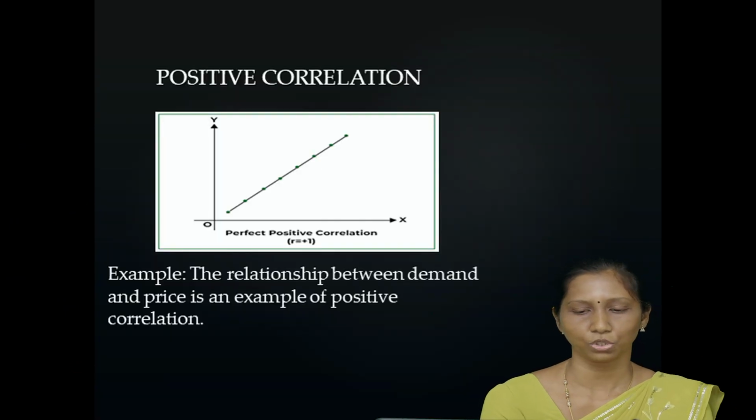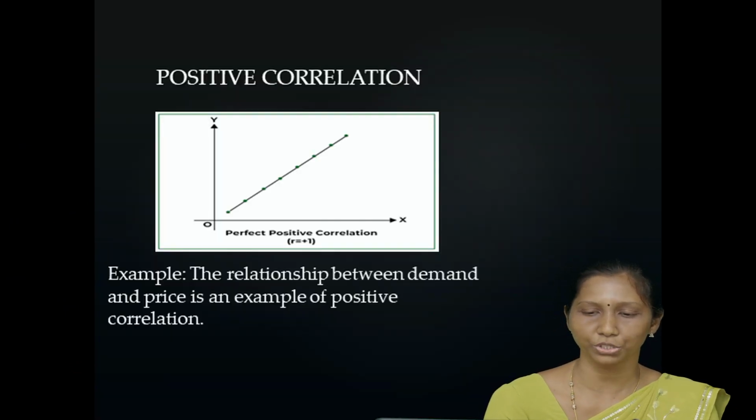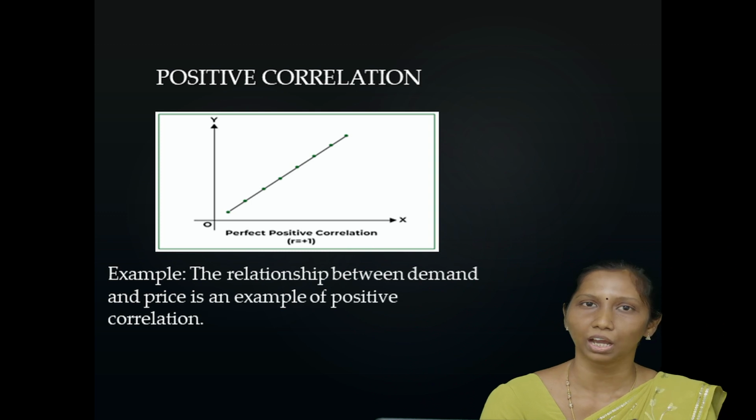In positive correlation, both go in the upward direction, or if it decreases, both go in the downward direction.